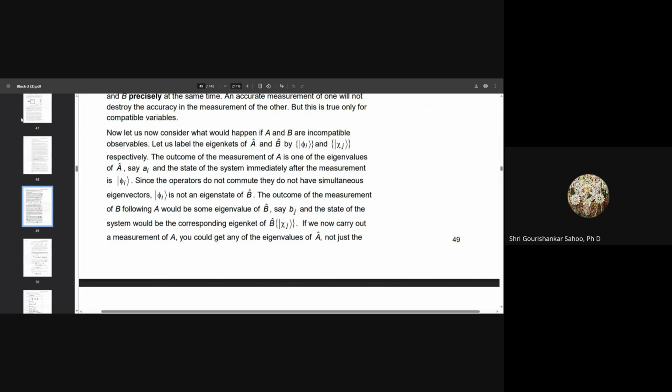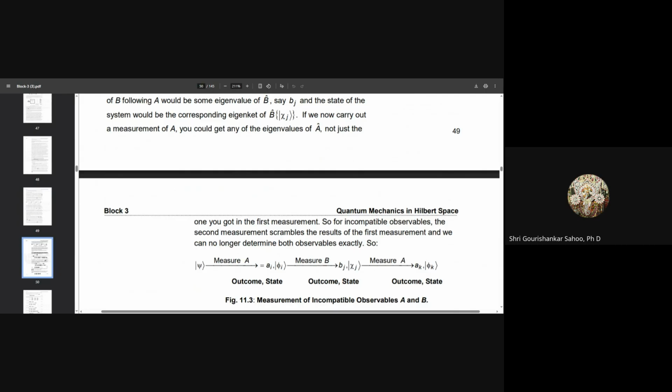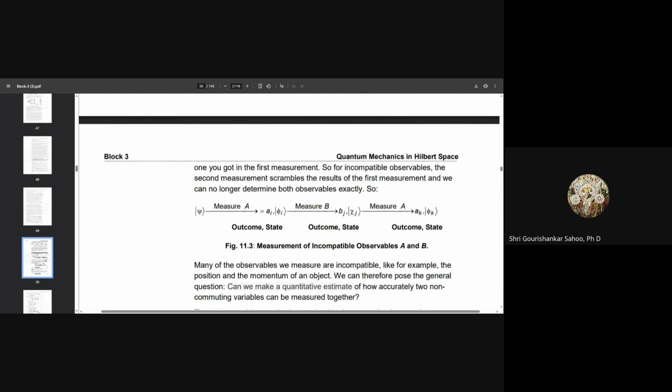If we now carry out a measurement of A, you could get any of the eigenvalues of A cap, not just the one you got in the first measurement. So for incompatible observables, the second measurement scrambles the result of the first measurement, and we can no longer determine both observables exactly. You can write the outcome of the measurement of incompatible observables A and B pictorially, as shown on the screen.